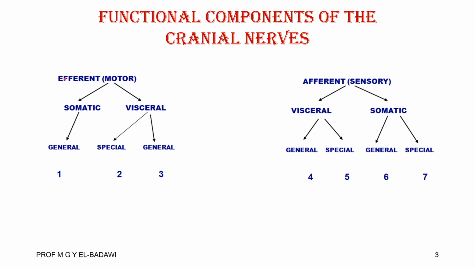When it comes to the efferent or the motor type, it is divided into a somatic group and a visceral group. The somatic is another group which we call general somatic efferent fibers. The visceral has two groups, the special and the general visceral efferent fibers. We'll come to know the meaning of each of them.